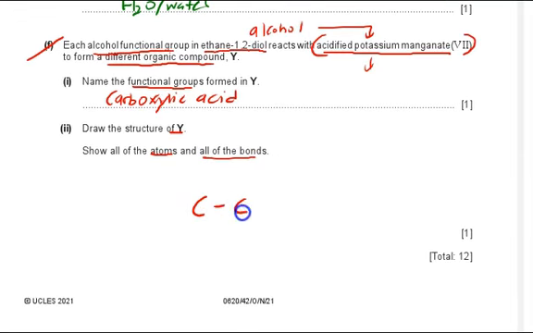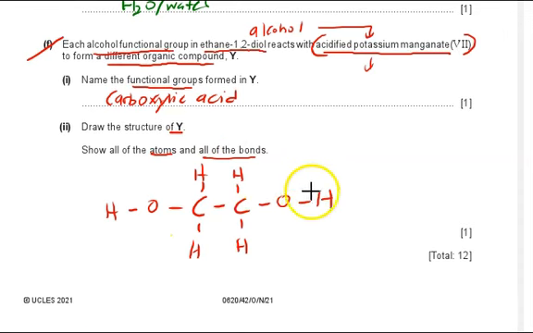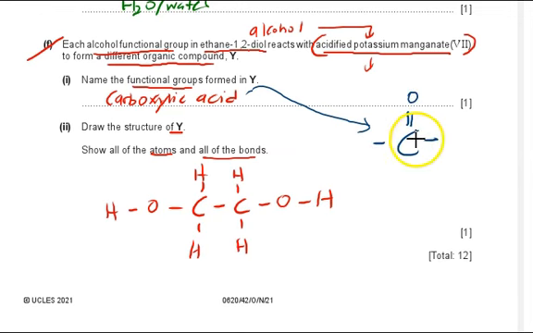So you can write down the carbon. Previously we have OH, right? And this one will be oxidized. Please remember that when you have a carboxylic acid, you must have this group: a carbon double bond with oxygen, and here an oxygen and hydrogen. Please bear in mind, carbon can only have 4 bonds, 1, 2, 3 and 4.